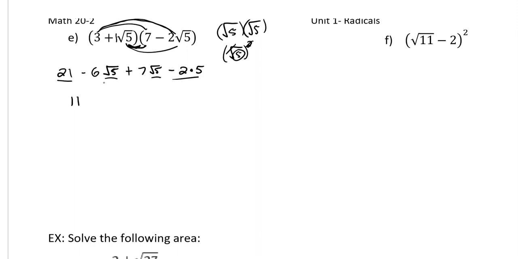When we're adding radicals, we just add the coefficients. So negative 6 plus 7 is positive 1. So this is like plus 1 root 5. But you wouldn't usually leave the 1. You'd write this as 11 plus root 5. And it would have been just as fine if you would have written it as root 5 plus 11. It doesn't matter on the order on that. Okay, let's take a look at F.